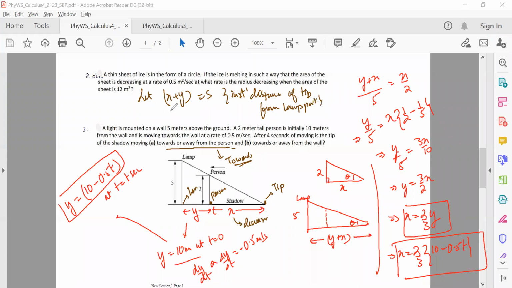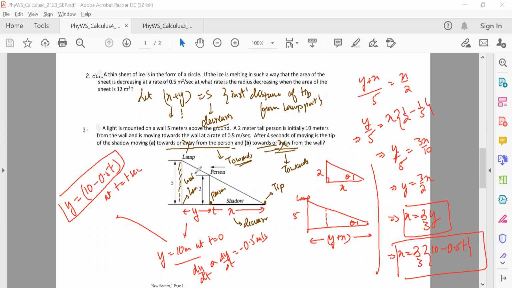So what is happening to s? x is decreasing with respect to time, y is decreasing with respect to time, so s is also decreasing with respect to time. If s is decreasing, that means the tip is moving in which direction? Towards the wall and not away from the wall. So basically, this is the wall.